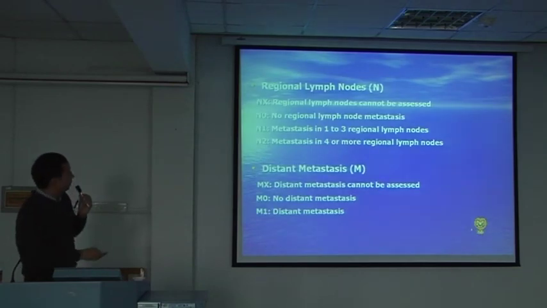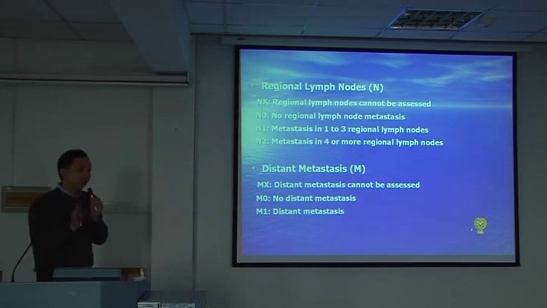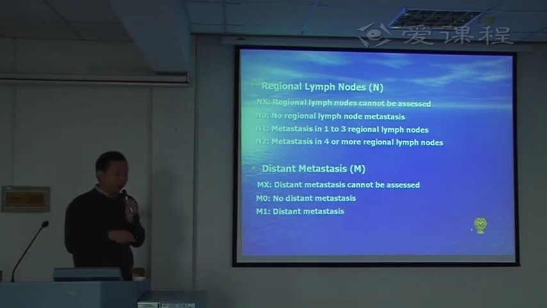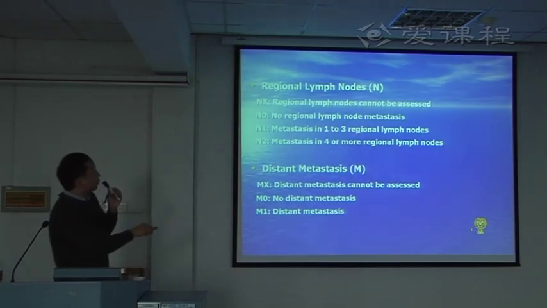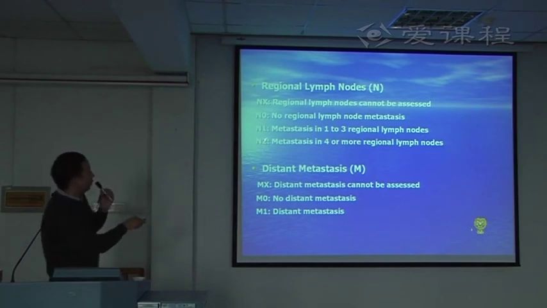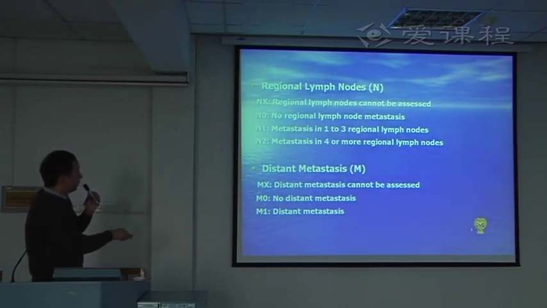So this is T. Now N. After we do the operation, at least 15 lymph nodes should be tested. In those 15 lymph nodes, if 1, 2, 3 lymph nodes are found to have tumor inside, it's called N1. More than 3, so 4, 5, 6, is N2. M0, M1: if you have distant metastasis, it's M1.